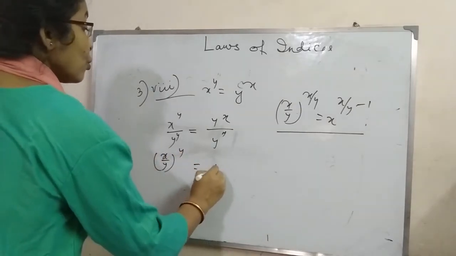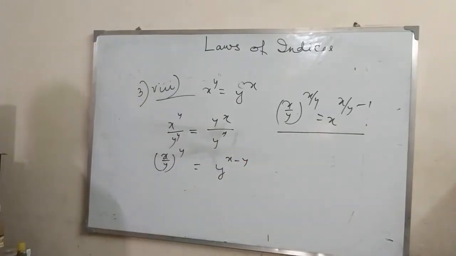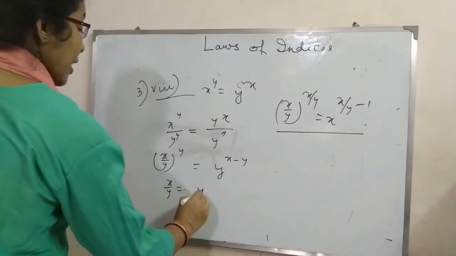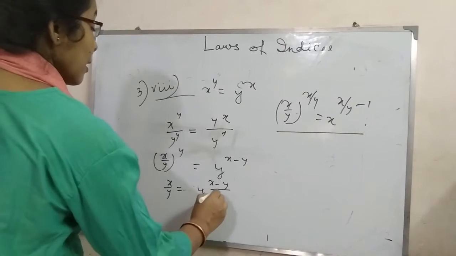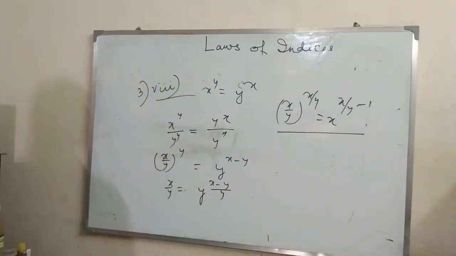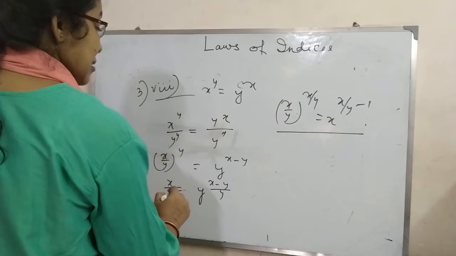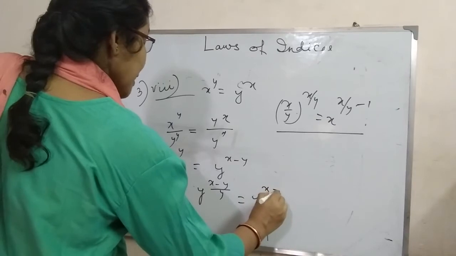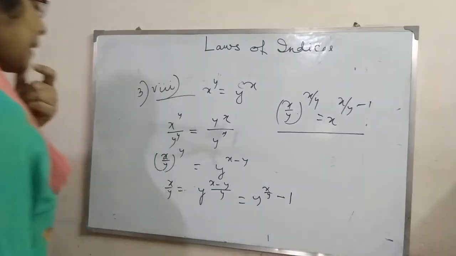This is equal to y to the power x minus y. x by y equal to y to the power (x minus y) by y. This is equal to y to the power x by y minus 1.